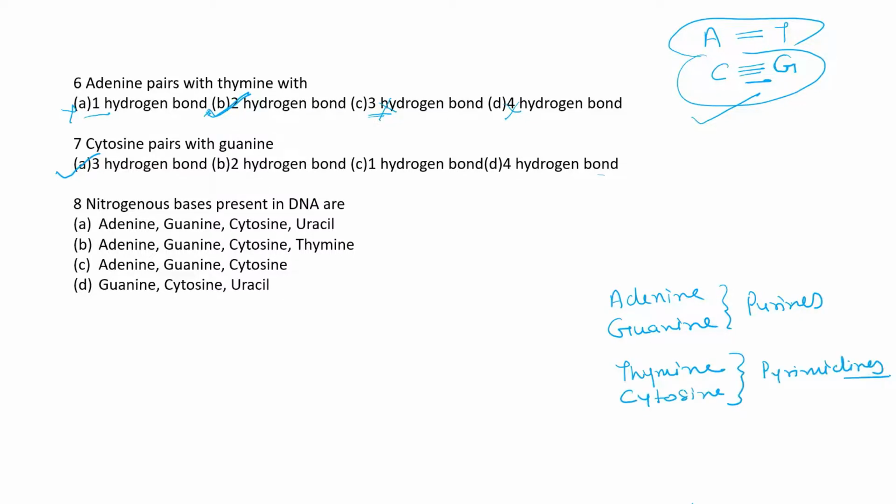Thymine and cytosine are the pyrimidines present in the DNA, and instead of thymine, uracil is present in the RNA. So now see the options.